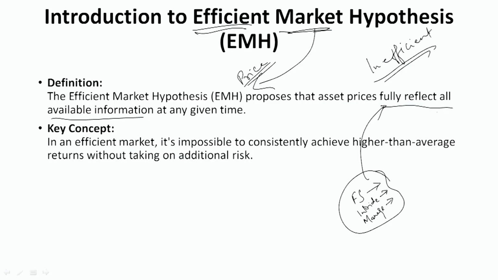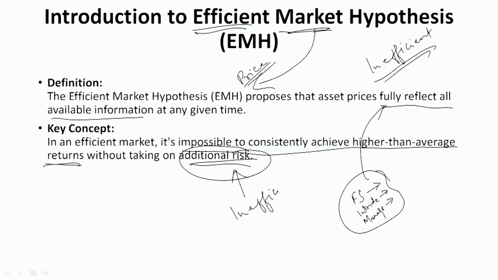So what is the takeaway from this? It says that it is impossible for you to consistently achieve higher than average return without taking additional risk. As I told you, additional risk is associated with a particular market.